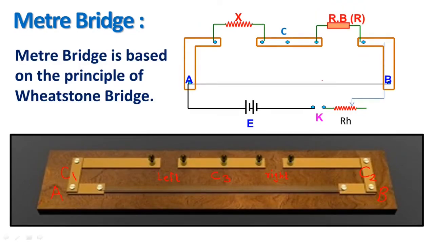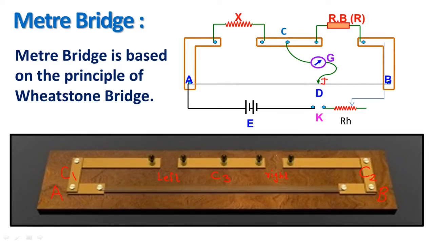One terminal of the galvanometer is connected to the point C on the central strip, while the other terminal of the galvanometer carries the jockey J. The temporary contact with the wire AB can be established with the help of the jockey.